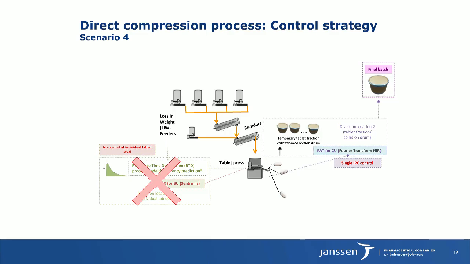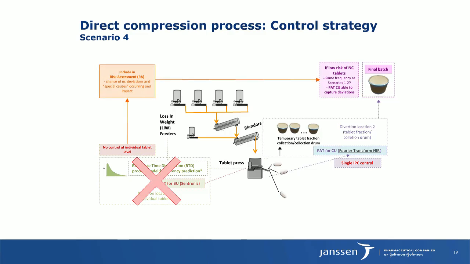So that means that you have to do a much higher frequency of sampling, because you need to see what manufacturing deviations need to be captured by your CU tool. Only if you can do a risk assessment, then there might still be a chance that you can do a lower sampling frequency. But in general, to control the process, you need here a higher sampling frequency.